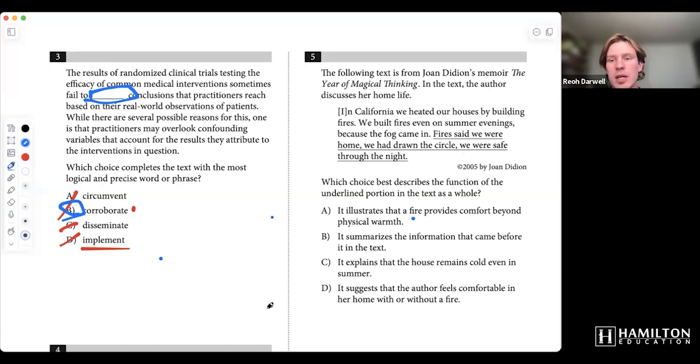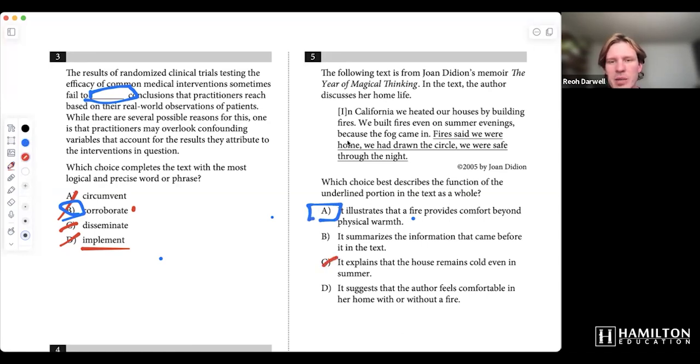It shows how the fires, though they provided warmth, also did something else, right? They said we were home, they had drawn the circle, meant we were safe. Okay, so it's showing safety, things like that. So A is that perfectly, right? It shows the comfort beyond simple physical warmth.